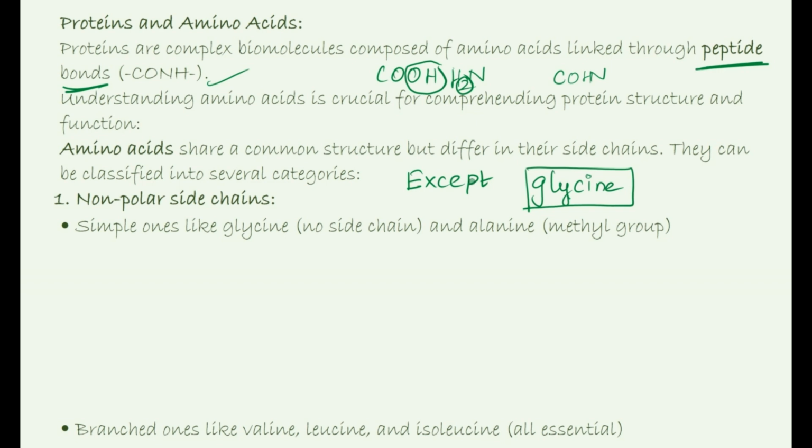Okay, so let's categorize these amino acids. The first category is amino acids with non-polar side chains. The simple ones like glycine. The structure of glycine is CH2, NH2 and another COOH group is attached to it.